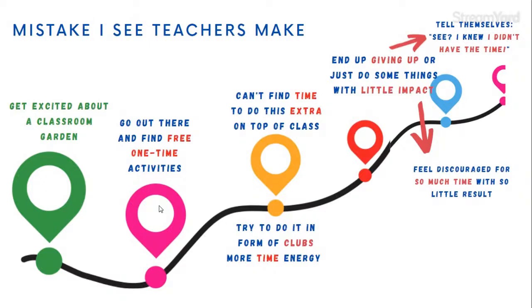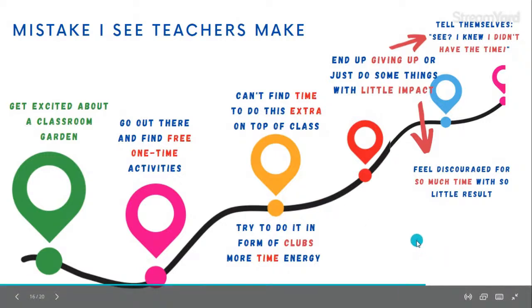Or I did very little and it had very little impact, or I did some of those activities, but because of all the mistakes in terms of the timing and the seasons, they didn't grow very well, and the impact was so little, and you feel discouraged for so much time that you put into this with so little results. I've seen this happening time and time again. I've been doing this with educators for almost a decade, and this is still what's happening. It's so unfortunate. And I'm so happy that you're watching this. And I hope that you don't make this same mistake.